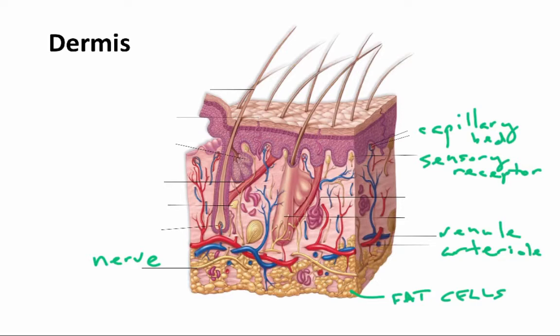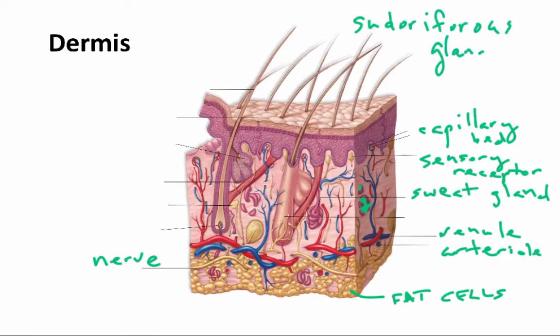Let's see, then we've got a sweat gland. So this sort of weird curly thing is a sweat gland, and there's another one here. And another name for sweat glands is sudoriferous. Then we have a hair follicle.